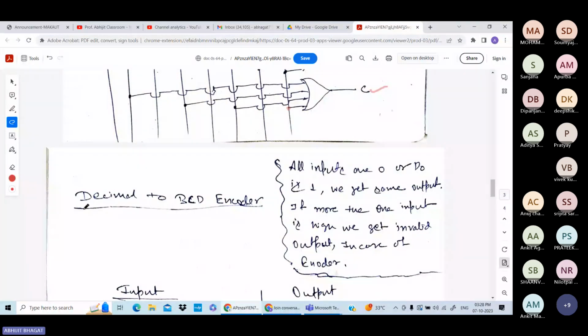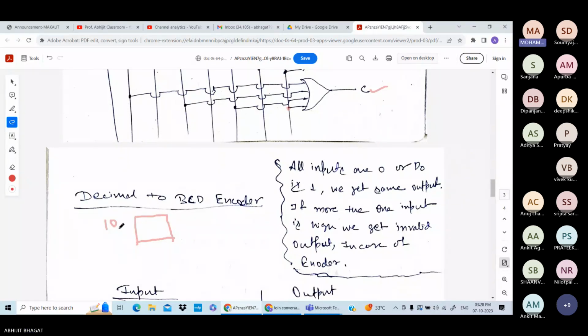So you draw this yourself. In case of decimal to BCD encoder, decimal means 10. So the number of inputs is 10, and the number of outputs is how much?